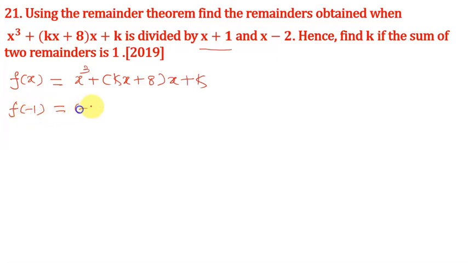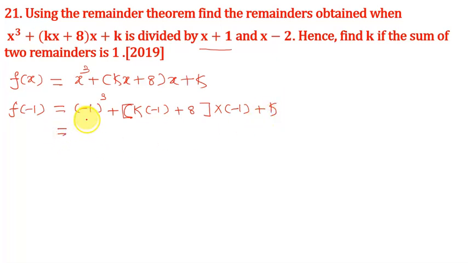That is minus 1 cube plus k into minus 1 plus 8, in the square bracket, into again minus 1 plus k.